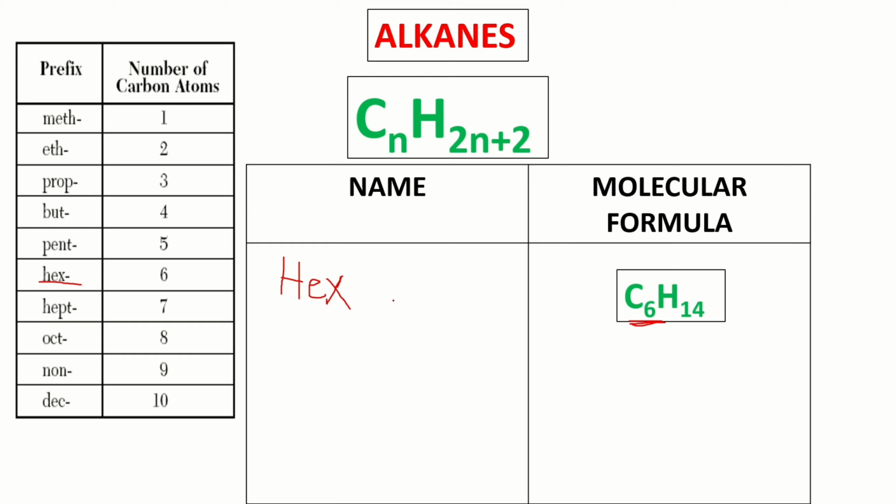Next step, we're going to check if it is an alkane or not by solving the number of hydrogen atoms using the formula. We will substitute 6 here.